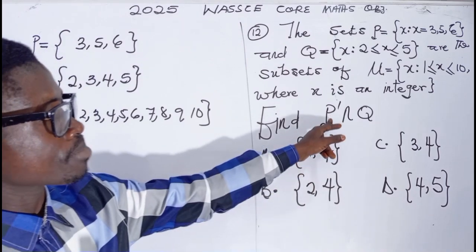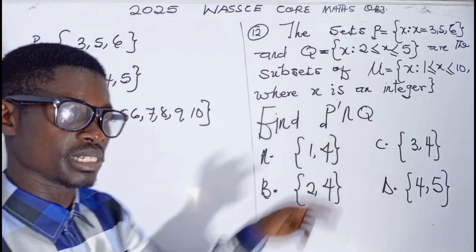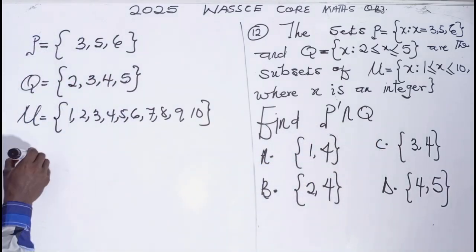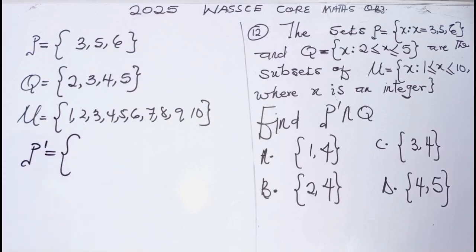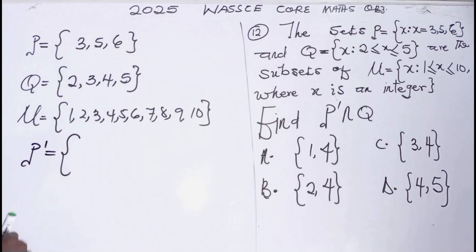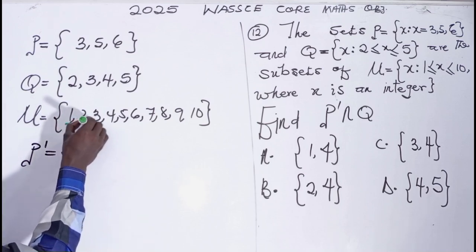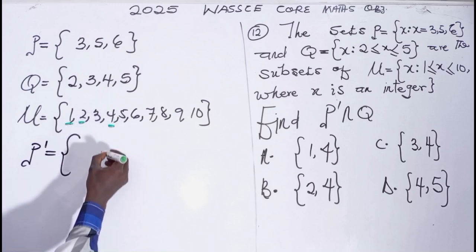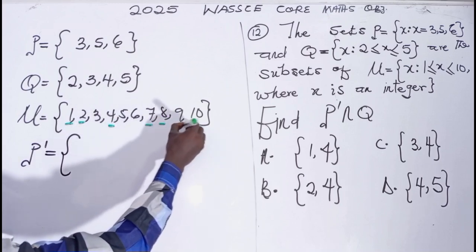Before we can find P complement intersection Q, we need to find P complement. Those are the elements in the universal set that are not in set P. So we have 1, 2, 4, 7, 8, 9, 10.